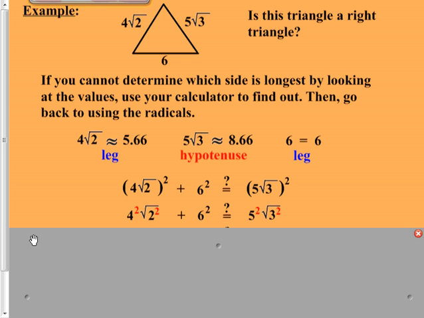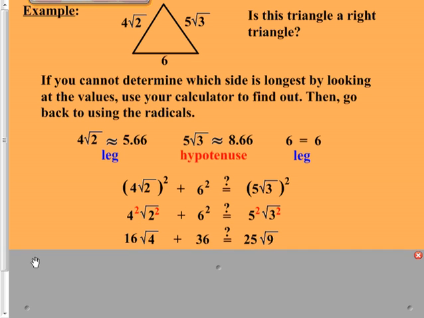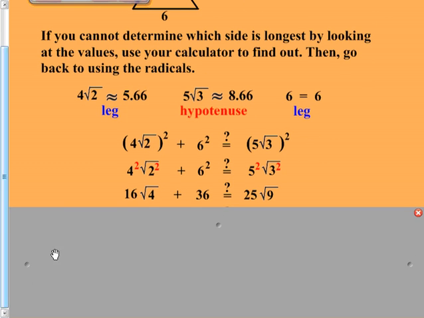Okay, so we've got 4 squared times the square root of 2 squared plus 6 squared. And does that equal 5 squared times the square root of 3 squared? Now, cleaning up the numbers here, of course, we've got 16 square root of 4 plus 36. Is that equal to 25 times the square root of 9?